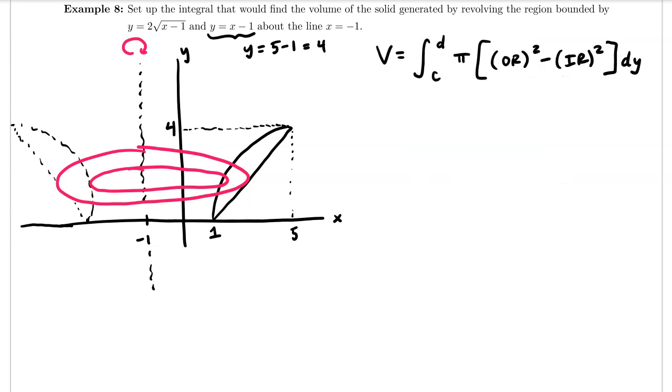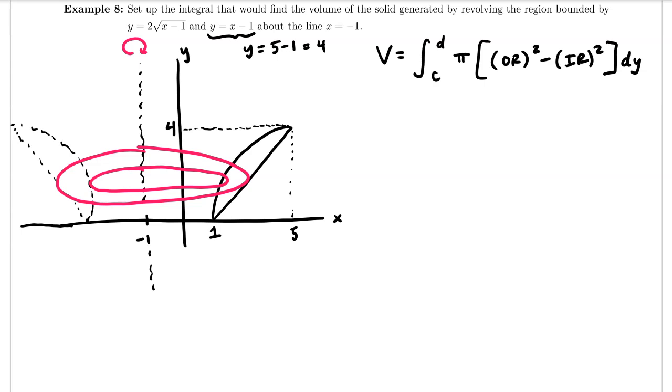So I went ahead and wrote our formula for the washer method when our washers are stacked on top of each other vertically. We're going to be integrating with respect to y because they're being stacked vertically, and we need to use the washer method because our three-dimensional object, if you can imagine it, is hollow in the middle.